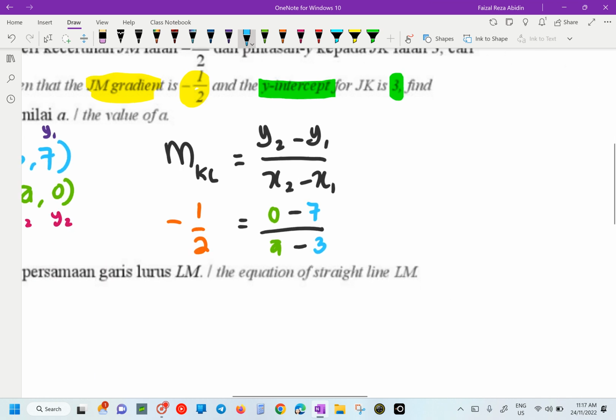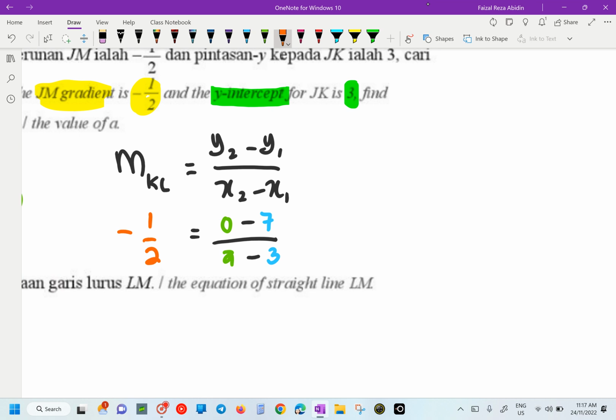So, you are going to have what over here? Negative 1 over 2 equals 0 minus 7 over a minus 3, isn't it? We cannot leave it like that, right?